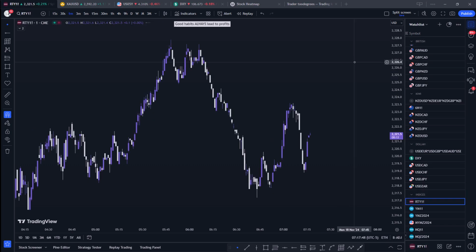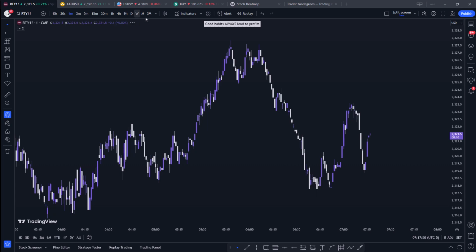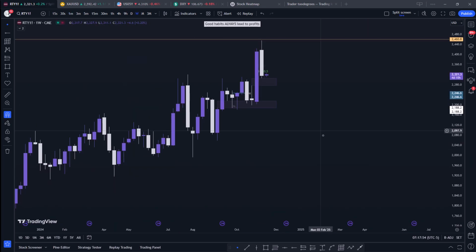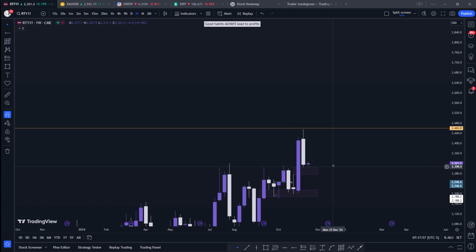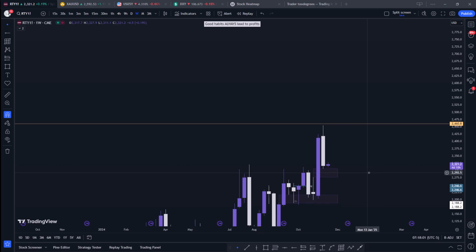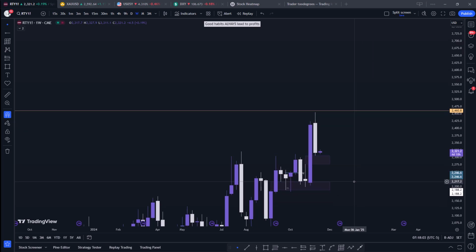So to quickly go over what that means, I'm going to bring up the Russell chart, and we can see right here on the weekly time frame we have a fair value gap. For those that have watched the Trade Smart series, I'm going to link it somewhere up here.